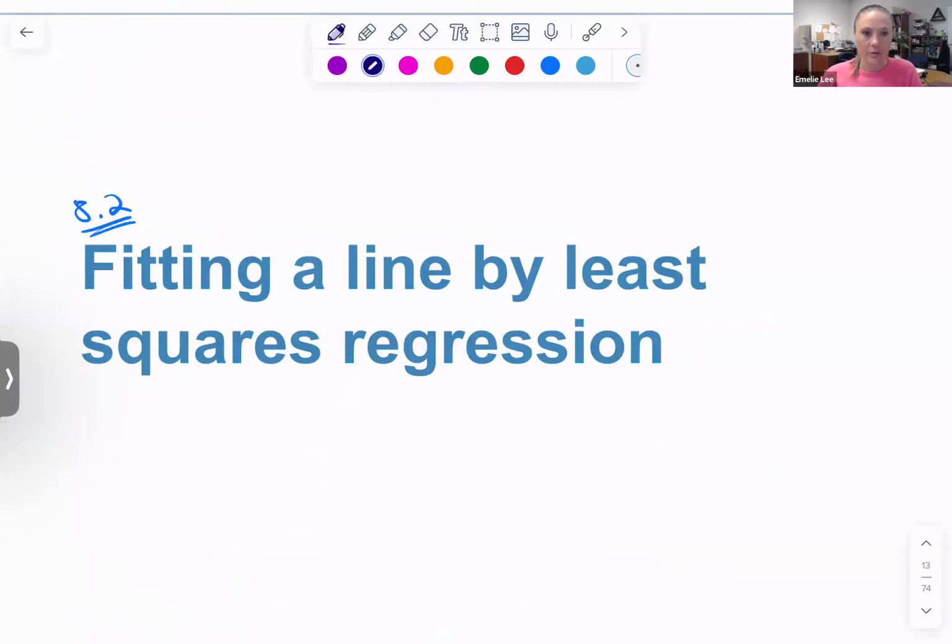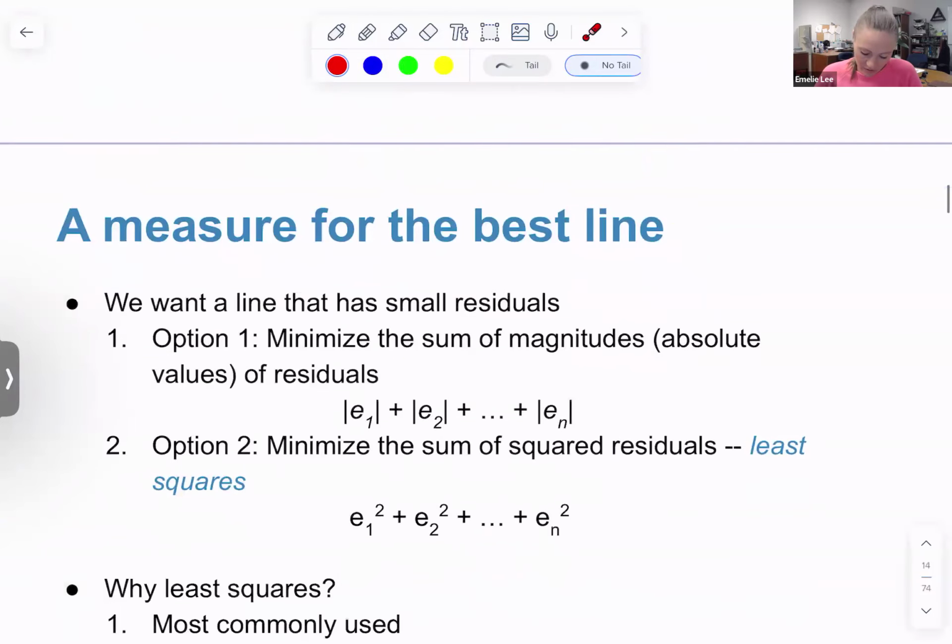Okay, so if we want to fit a line, it's called least squares regression, but we're just going to summarize it and call it regression. This is the most common regression equation that we could use, and it's the only one that we'll use because it's the only one that is used in most worlds.